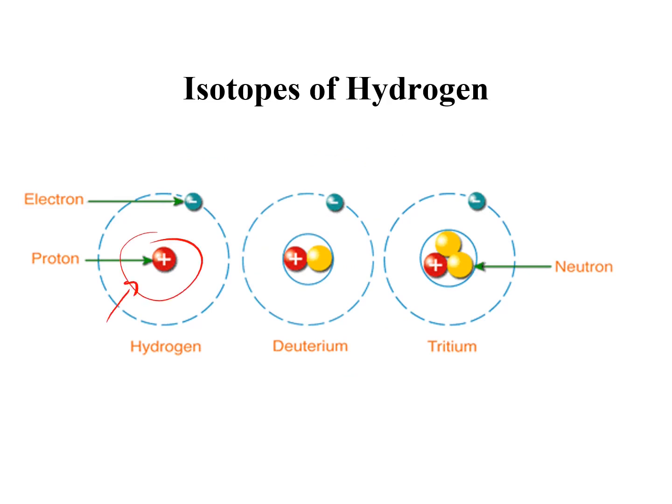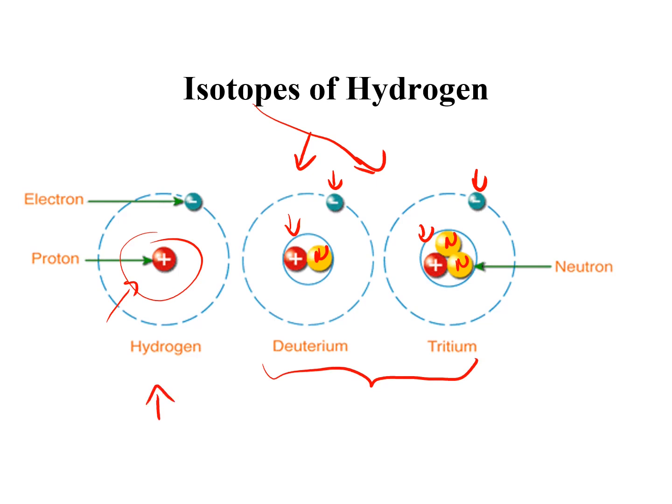There are no neutrons. However, if you have isotopes like here, remember that isotopes have the same number of protons and electrons, so 1 and 1, but you change the number of neutrons. So here you have 1, and here you have 1 and 2. So you can also have isotopes of hydrogen with neutrons, but generally the most common one is the hydrogen that lacks neutrons.